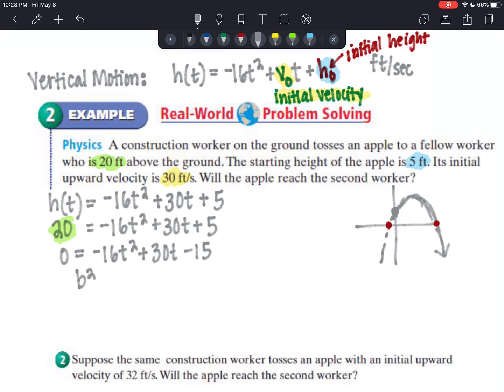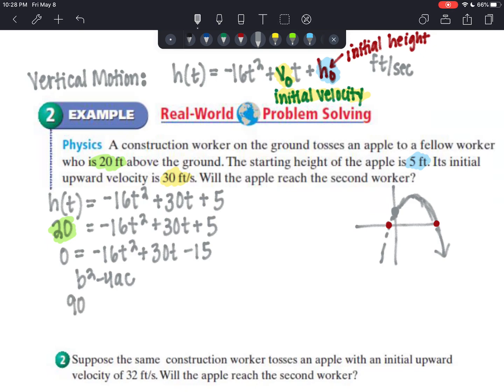And I'm going to calculate b squared minus 4ac. We're going to hope that it's either positive or 0 so that we can say that yes, it's going to reach that height. However, if we get a negative number, then we know our discriminant's negative and we're not going to get any solutions, meaning the apple isn't going to get that high.